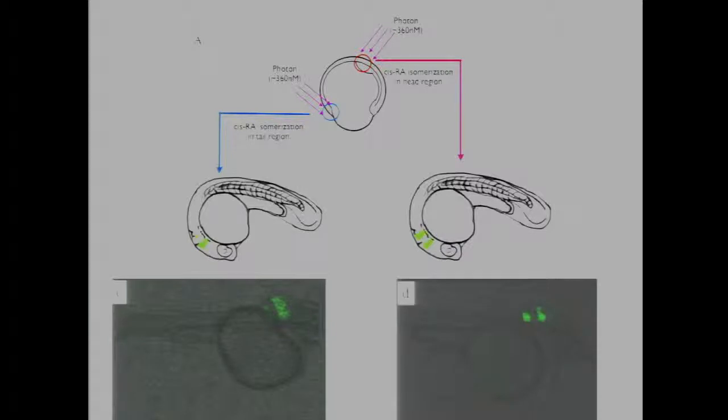Illuminating the head, we convert the cis into trans-RA, and now we can get full recovery of the phenotype. The idea is that we can test developmental biology models against known gradients of the small molecule, build a gradient at will, and see how the animal develops if you perturb the concentration gradient of this morphogen called retinoic acid.